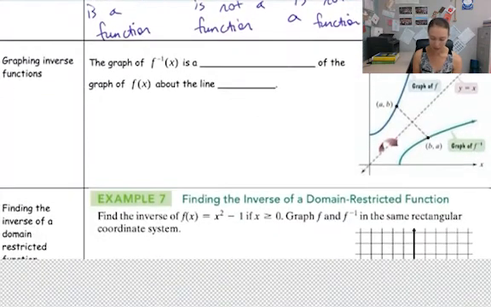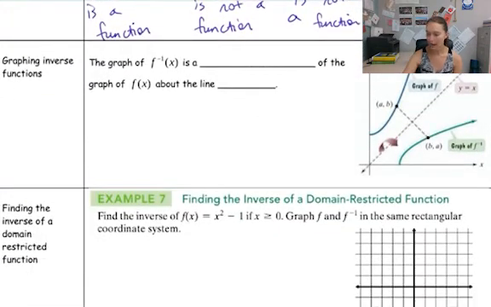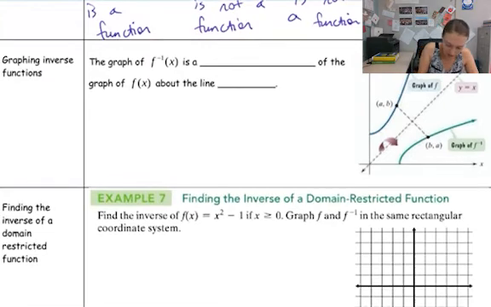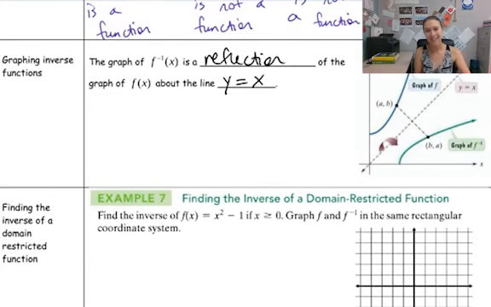All right, so graphing inverse functions, the graph of f inverse of x is a reflection of the graph of f of x about the line, or across the line, y equals x. I like to explain this to my students like it's a beautiful butterfly. And this is like the butterfly body here.